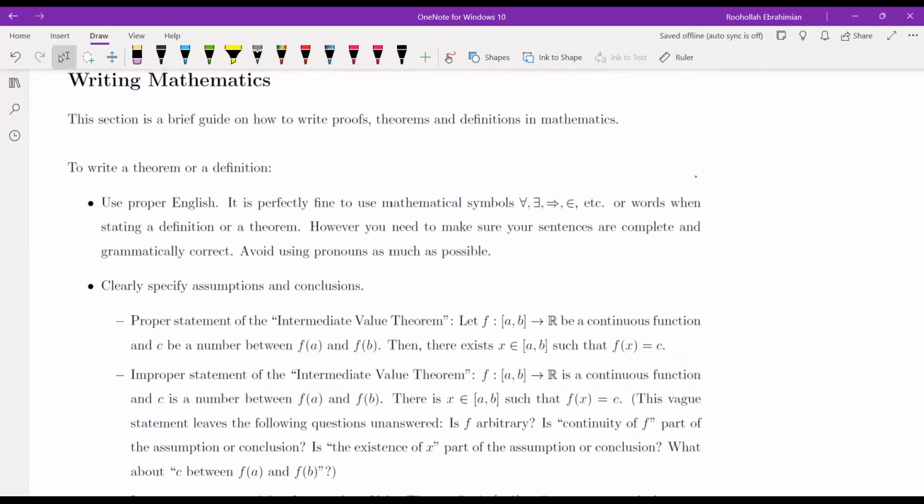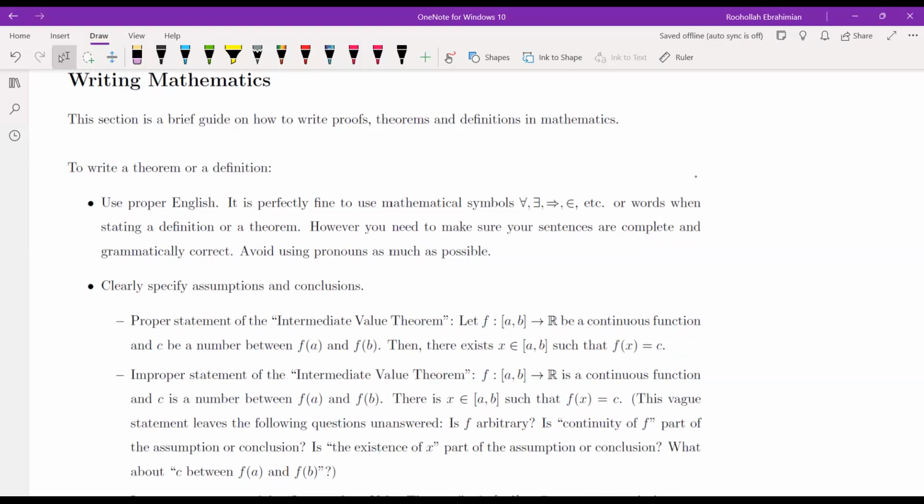When you're writing down a theorem or a definition, which is very critical for learning how to write down proofs, how to learn the language of mathematics, the first thing is use proper English. It is perfectly fine to use mathematical symbols or just English words. However, you have to make sure whatever you're writing is grammatically correct.